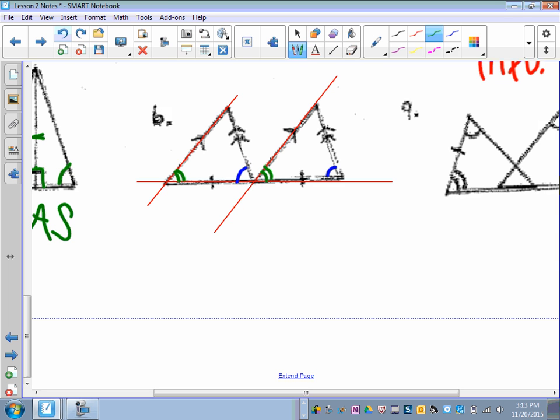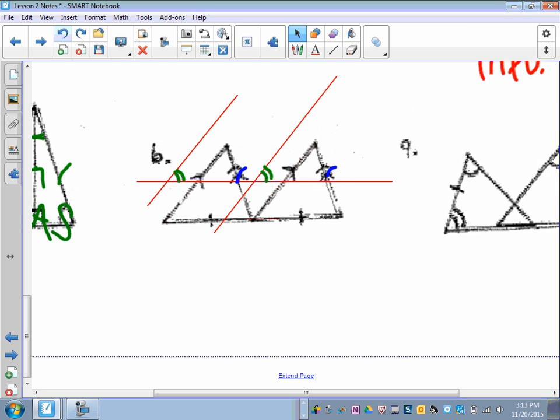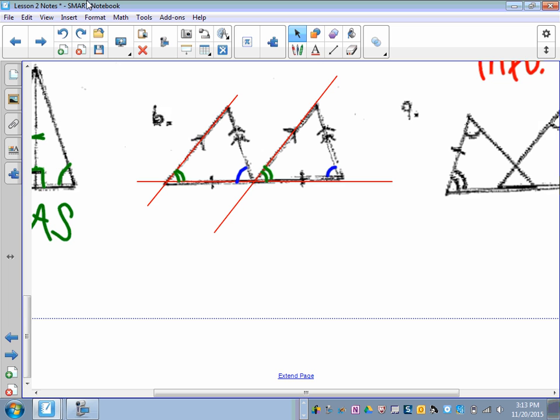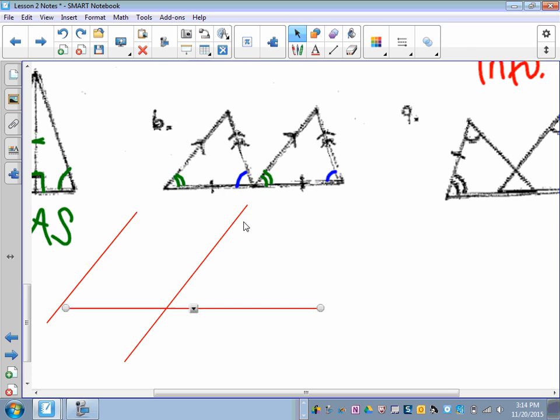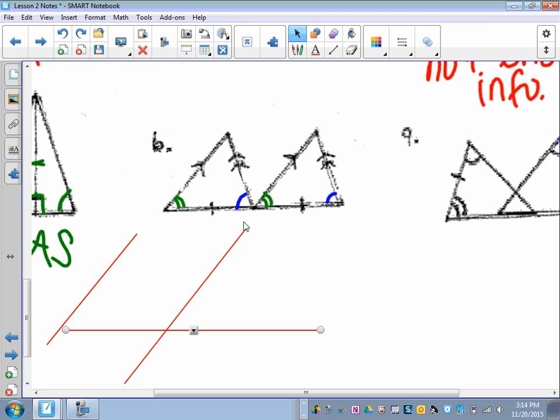Okay, so I have those. Let's move my extra lines out of the way down here. Alright, so then now I see that I have angle, side, angle, angle, side, angle. So I know that these are congruent by angle, side, angle. So we had to do a little bit of work to get to that one.